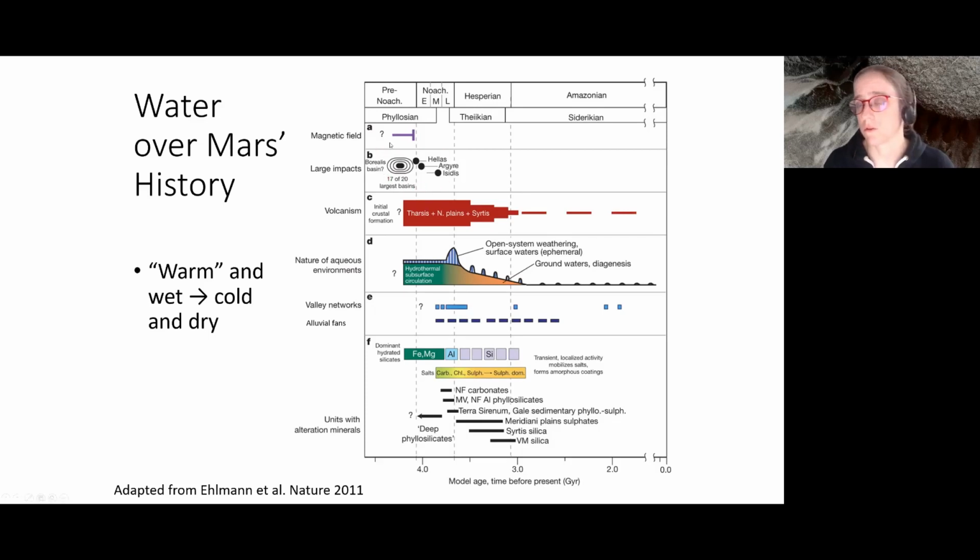So the northern lowlands, the Borealis basin, could actually be an impact basin, though that is debated. But we do see Hellas, Argyre, and Isidis, which are the 3 largest impacts visible at the surface today. And these were formed in the Noachian period on Mars, just after the late heavy bombardment.